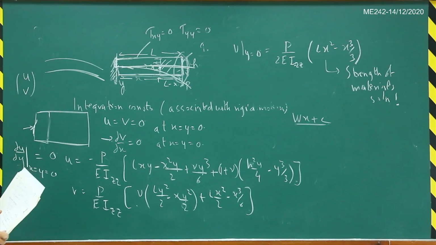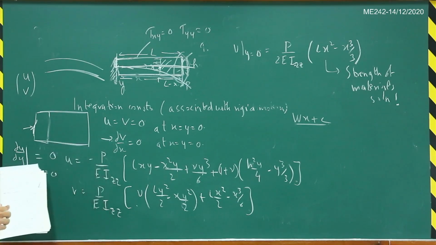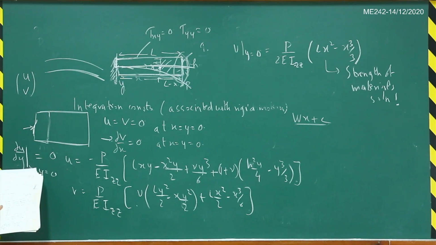Theory cannot decide whether to use this particular boundary condition or that one. What I am trying to say is that it will depend on your actual experimental setup, which one is more appropriate to use. Sometimes I have seen books saying that maybe even this is closer to the experimental data than this one.